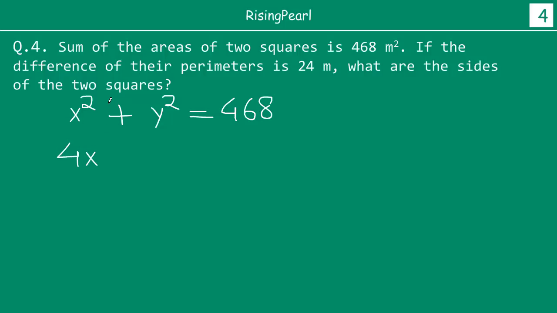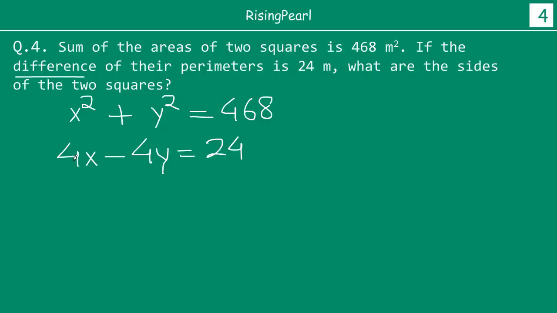Let us just assume that the first square is bigger than the second square, because it is saying the difference, meaning one is more, one is less. We don't know which square is bigger. So let us assume the first square is bigger. So the perimeter of the first square minus 4y is equal to 24.